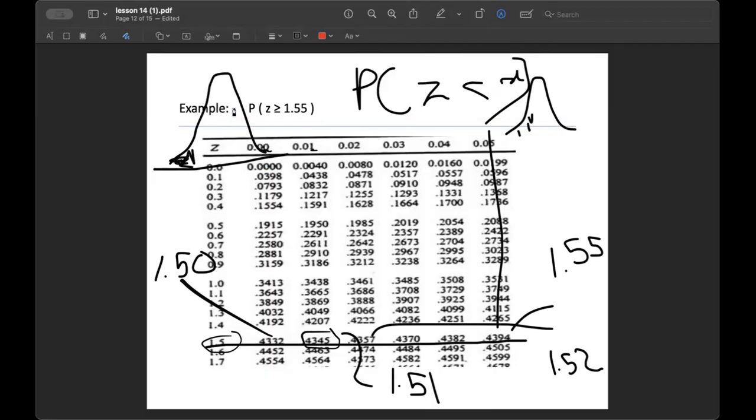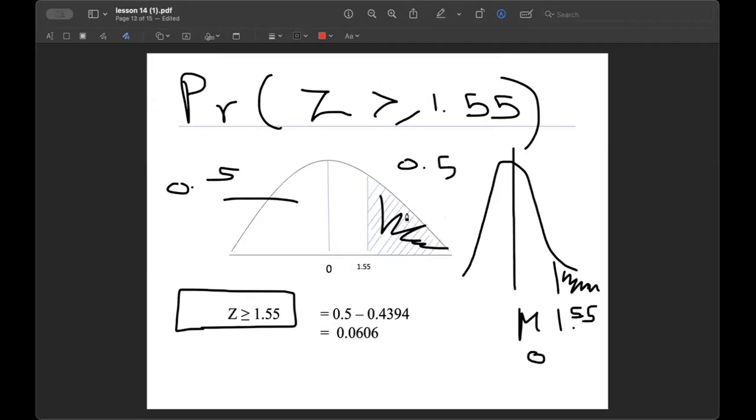It's not from the right side. Understand? So the table reads the left side colored region. So if we want this region, what should we do?